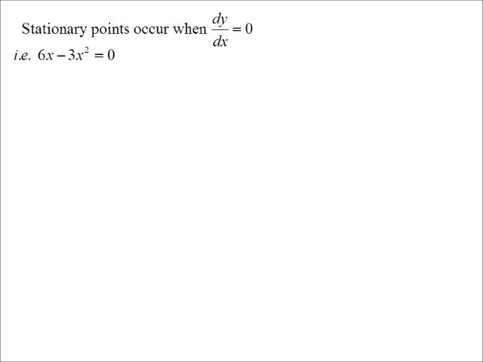Now, when you're writing your solution down, write that line in. It's a bit like geometry, because what you're doing is you're, I guess, writing your reason or your justification. Why are you solving this equation equals 0? Well, I'm solving this equation equals 0 because I know that the stationary points will occur when the derivative equals 0. So we go and solve it, and I get two possibilities, x equals 0 or x equals 2.